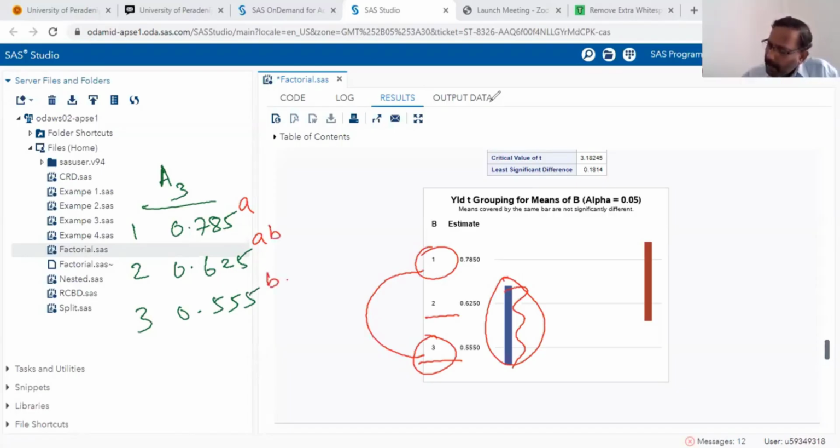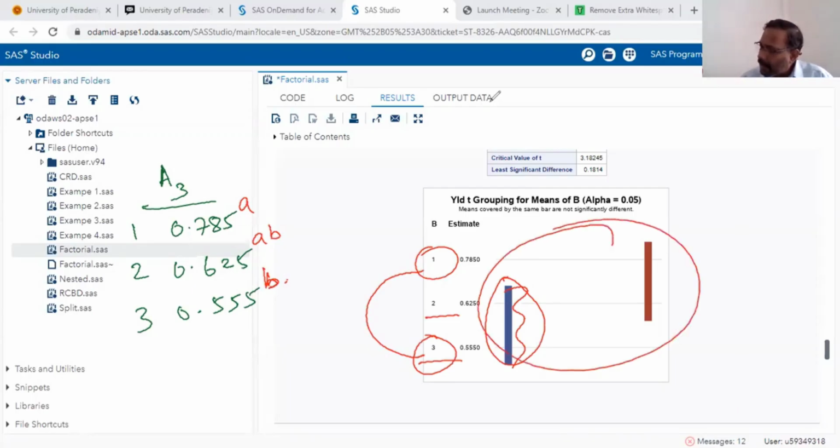So this is how we can mark it. First one is A, second one is A and B, third one is only B. Now we can represent the whole thing by this. Look at this marking. There is no difference between first and second.